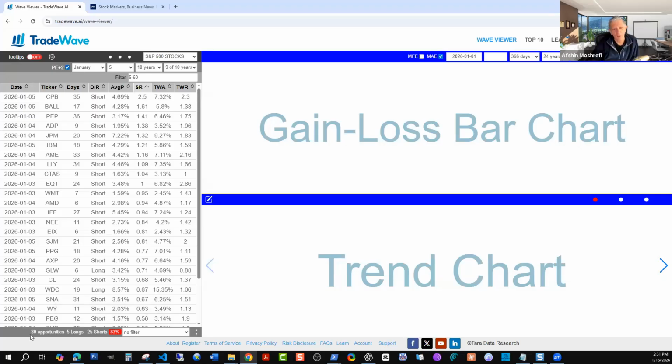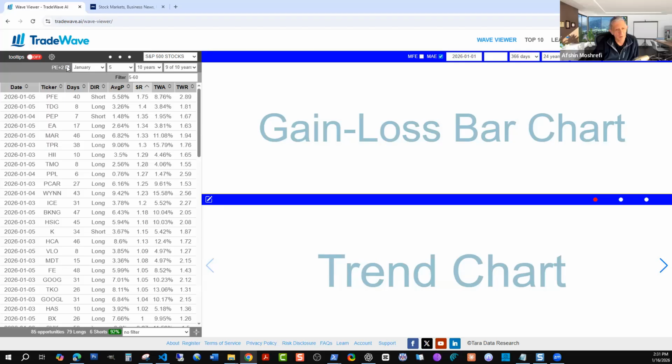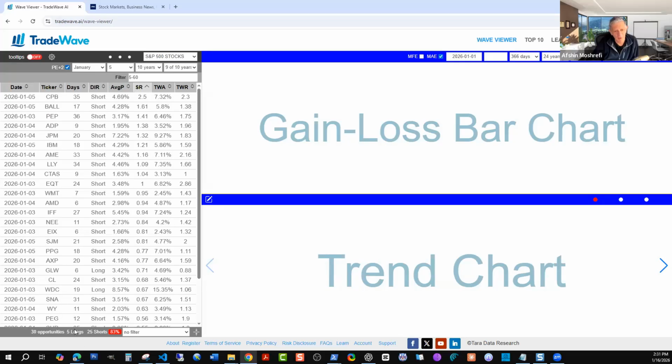So the way I use this is, if I switch this and I don't see that much of a difference down here in the percentage of longs versus shorts, then I say the regime is consecutive. I can look at consecutives comfortably.